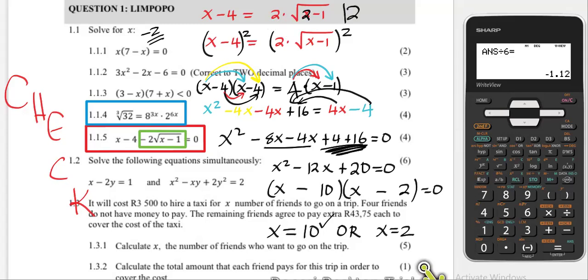Look, the other one is a positive 2 and this one is a minus. They are not the same. They must be the same, even the sign. So this 2 is wrong. We put not equals to. That's what they'll put: not equals to, or not applicable, or invalid.